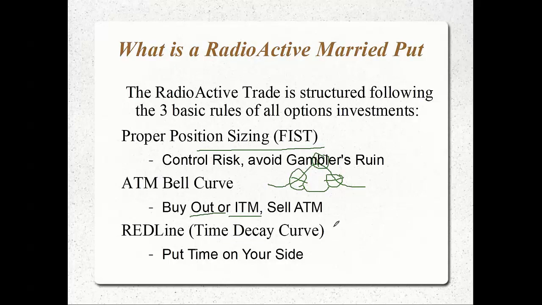And then, of course, the time value curve, the time value decay, the three core principles, that options that are 150, 120 days out in time have a much slower time decay than options that are 30, 20, 15 days out in time. So we want to be selling here, and whenever you're buying for speculation, for growth, or for insurance, you want to be out here in the 150, 200 day range, so you get a much slower time decay, even if the stock is stagnant and not moving in price.